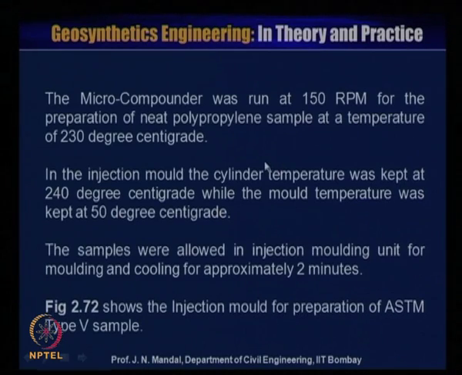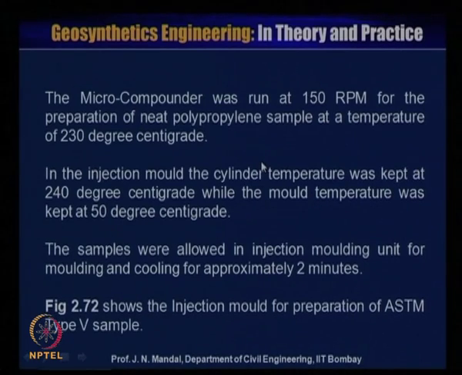This microcompounder was run at 150 RPM for the preparation of neat polypropylene sample at a temperature of 230 degrees centigrade. In the injection mold, the cylinder temperature was kept at 240 degrees centigrade, while the mold temperature was kept at 50 degrees centigrade. The samples were allowed in the injection molding unit for molding and cooling for approximately 2 minutes.